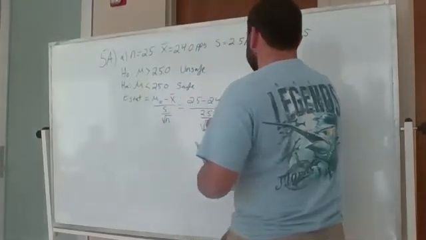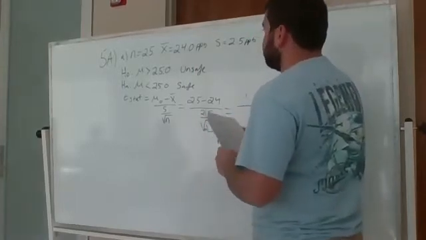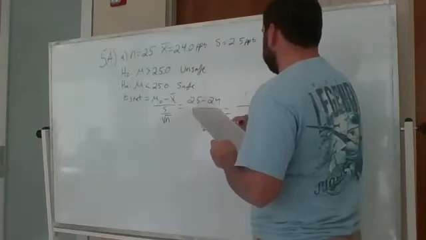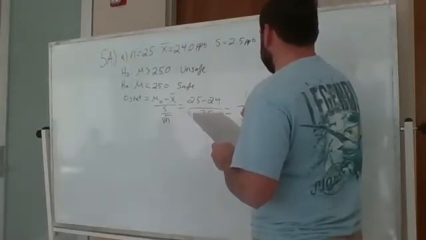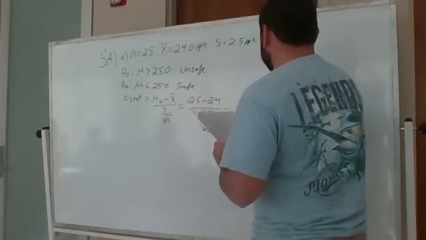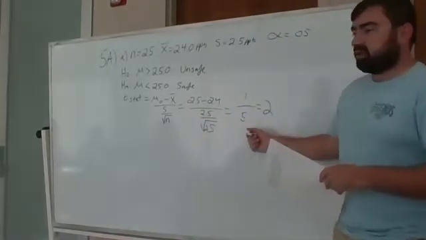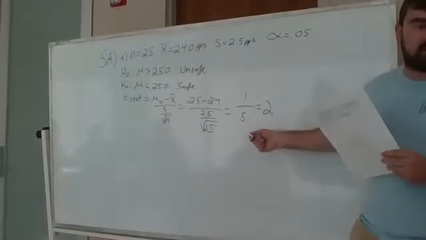So 2.5 divided by 5 is 0.5, right? So 1 divided by 0.5 is 2. I think the math checks out. But anyway, so our T statistic for 5AA is 2.